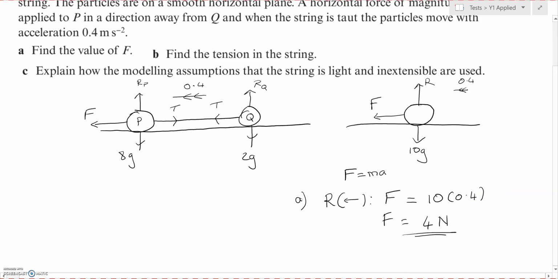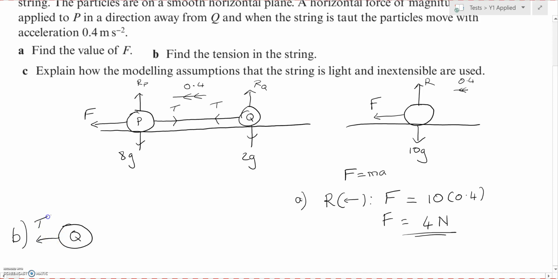In part B, they're asking us to find the tension. Whenever they ask us to find the tension, each individual tension acts on the particle itself, and just acts on one of the particles. So we need to look at an individual particle in order to calculate tension. I'm going to choose Q, but later on I'll quickly do P as well, just to show you it doesn't really matter which one you choose.